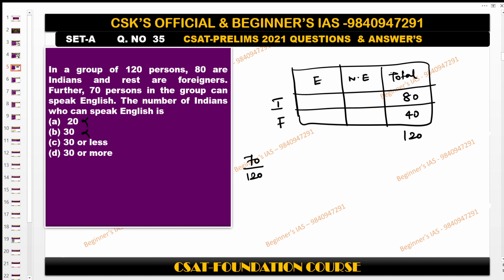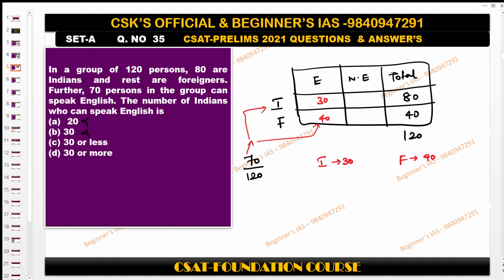For example, take that all the foreigners are speaking English. Out of 70, if all the foreigners are speaking English, then the Indians will be 30. In such a situation, Indians 30, foreigners 40.